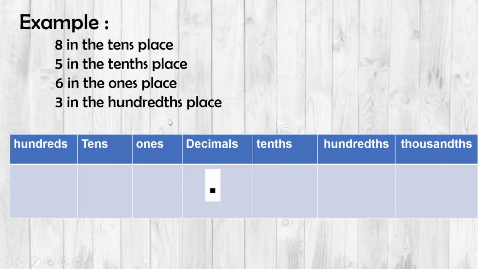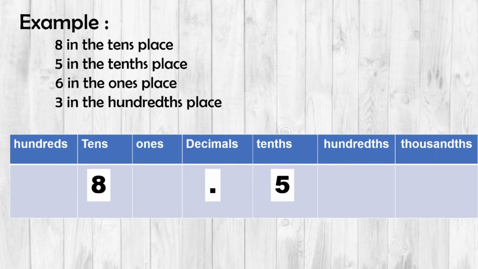Okay. Punta tayo sa 8. Ang sabi dito, 8 in the tens place. Okay? So, nasan yung tens? Dito. So, dito natin ilalagay si 8. The next, 5 in the tenths place. Si 5 naman daw ay nasa tenths. So, dito natin ilalagay si 5.